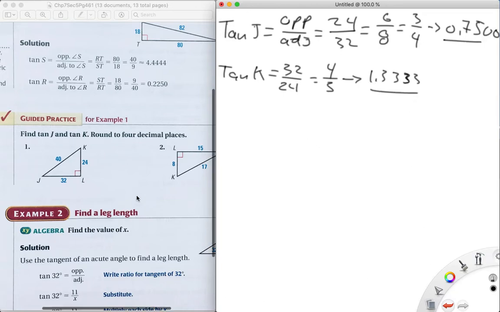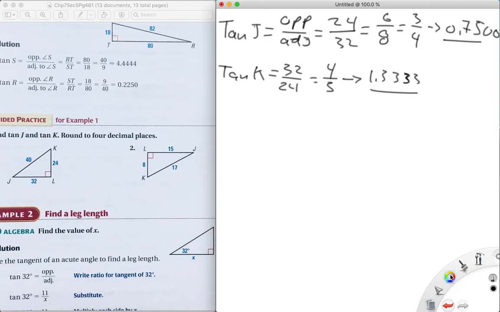For 2, they asked for tangent of J and K as well. Tangent of J, again, opposite, adjacent. In this case, it's 8 over 15.